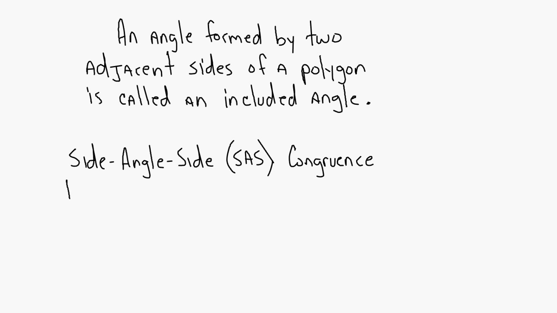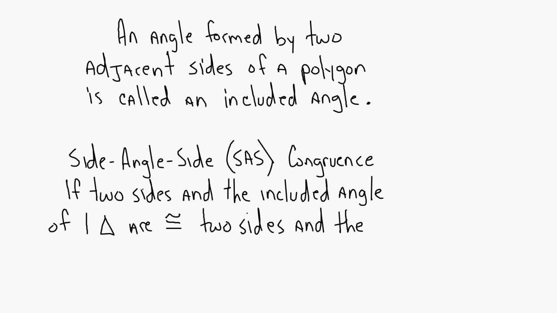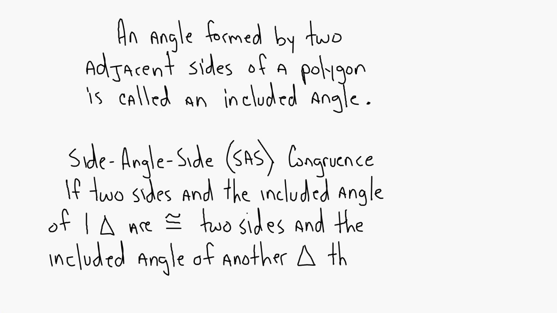Side angle side postulate says that if two sides and the included angle of one triangle are congruent to two sides and the included angle of another triangle, then what do you think is true?